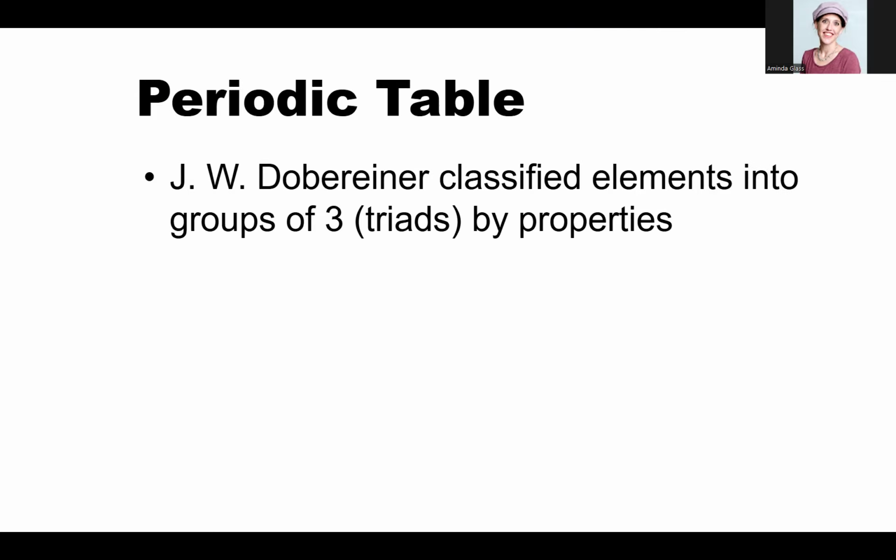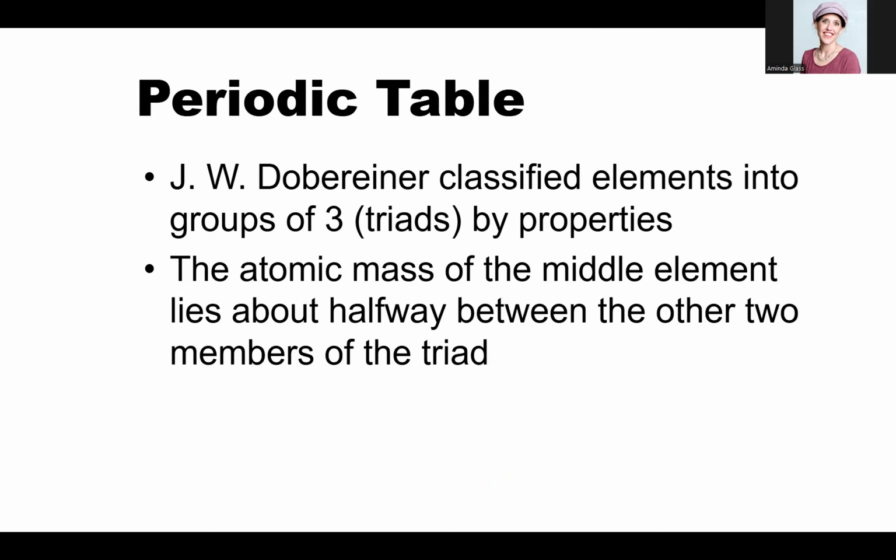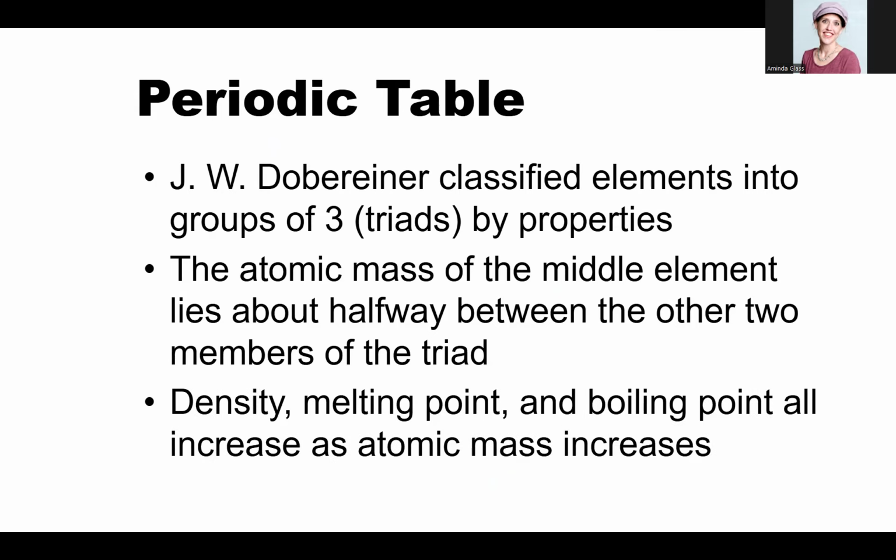So J.W. Dobereiner classified elements into groups of 3, which he called triads, according to their properties. The atomic mass of the middle element lies about halfway between the other 2 members of the triad. So density, melting point, and boiling point all increased as atomic mass increased. And that was a trend he noticed, and that's why he put them into those triads.